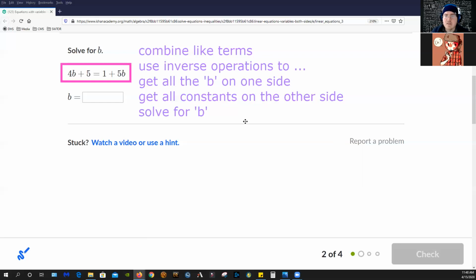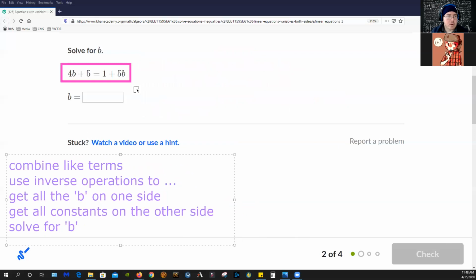Okay, so let's see. Move this down here for a bit. All right, so combining like terms. Well, first, I guess I should write down the equation. That usually does help. So 4b plus 5 equals 1 plus 5b.